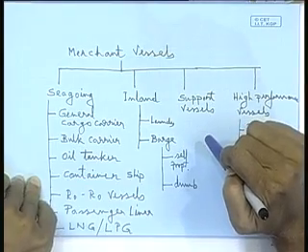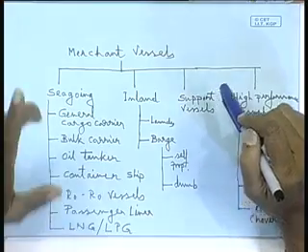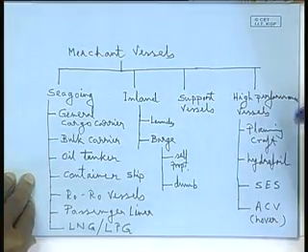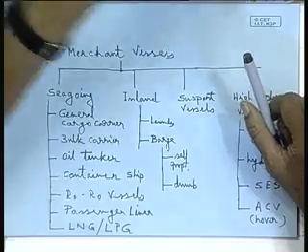Weight is an important criterion, but not very important. In high performance vessels, it is very important, because if your weight becomes a little extra, the vessel will never come up. The lift force will not be able to push it out of the water. So one will have to take care of the construction material. You cannot think of using steel or such heavy dense material for building such craft. You will have to use a lighter material.